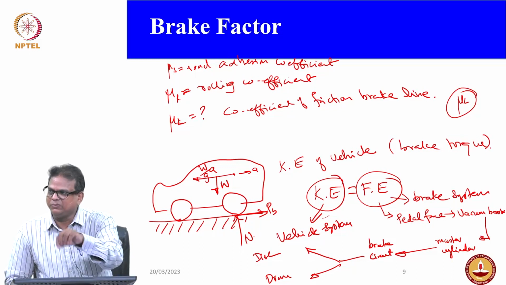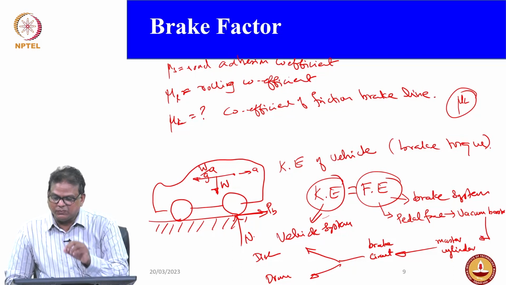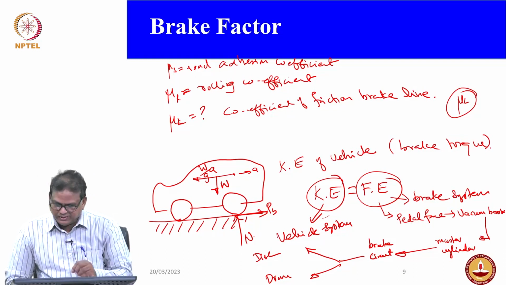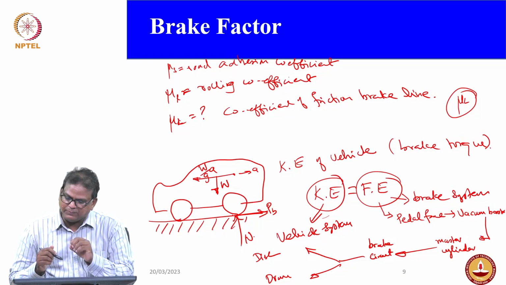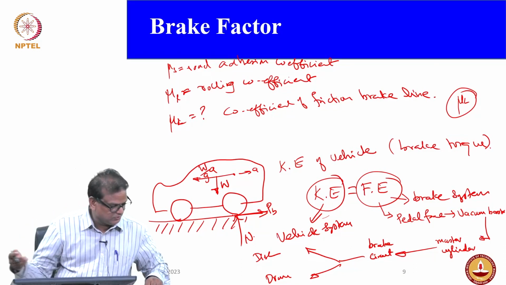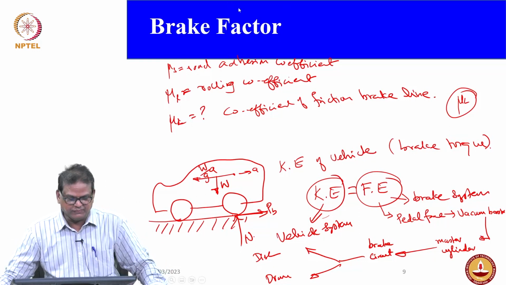So we have to find out what would be the mu typically for the given vehicle. This depends upon what type of brake system you are going to use. That's what we are going to discuss about the brake factor aspect.